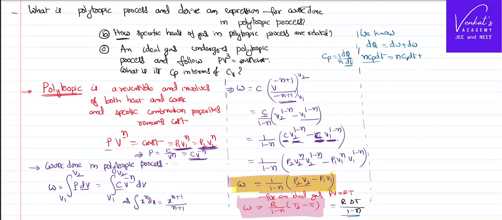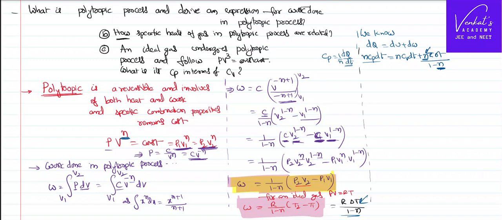And in the place of dw, like what we have derived just now, I can write nR delta T by 1 minus n, right? So be careful. This n is different from this n. This is the number of moles, whereas this is the index of the polytropic process, right?